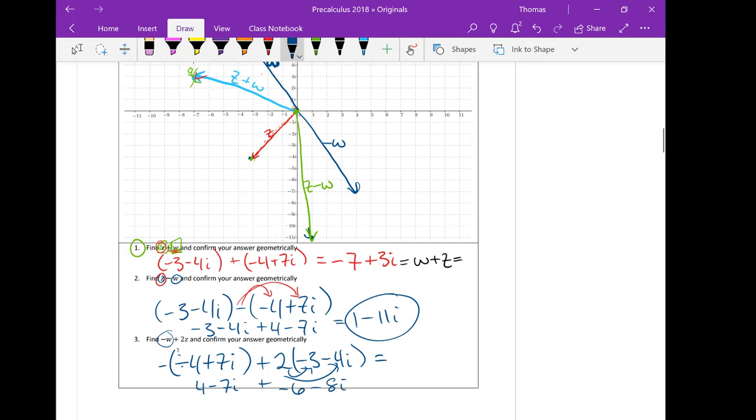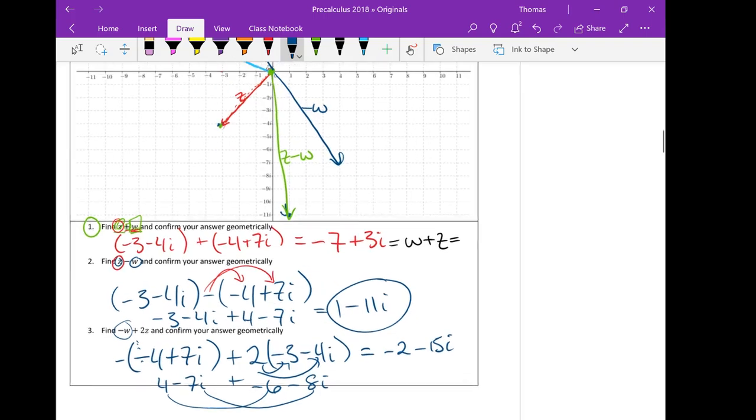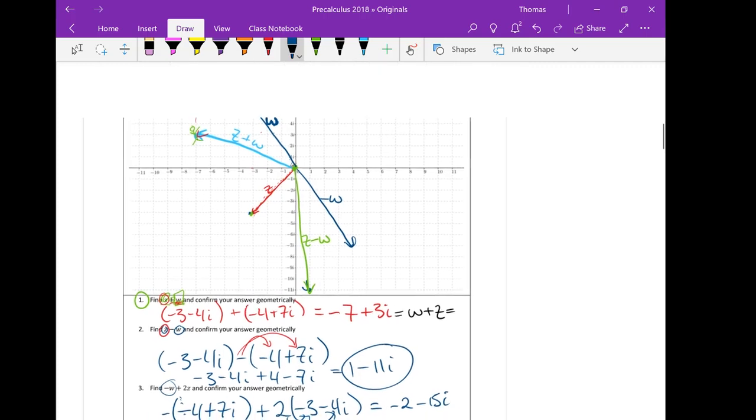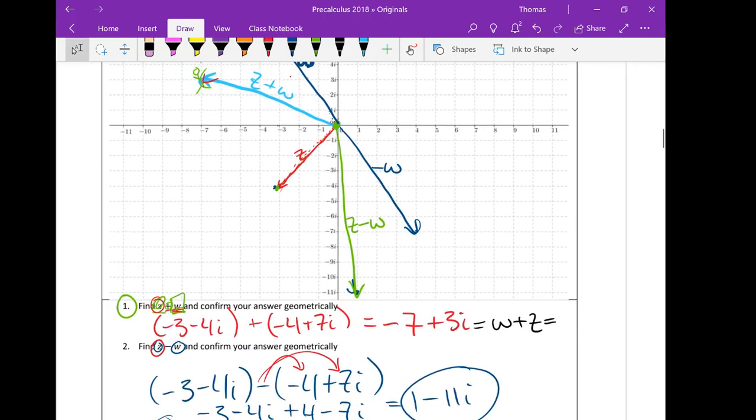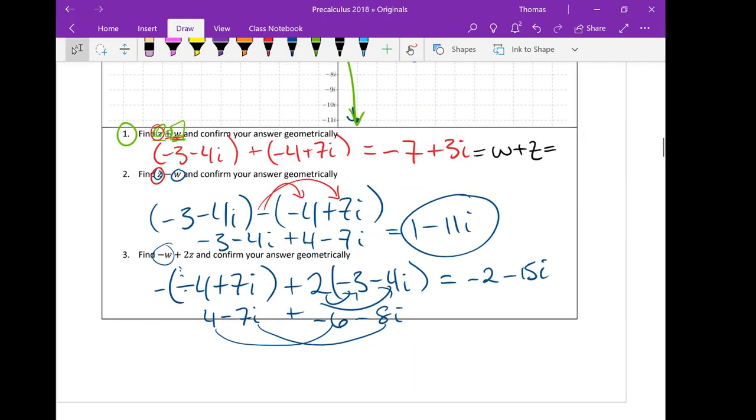And so this gives us negative 2 for the real part, and negative 8 minus 7 sounds like negative 15i to me. So negative 2 minus 15i. That's a pretty big number. I don't even know if it'll fit on our graph, but let's see if it makes sense graphically.